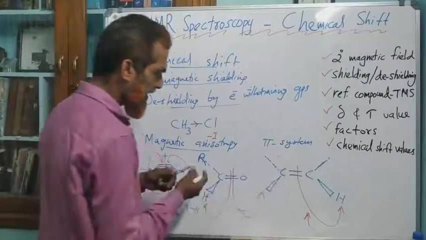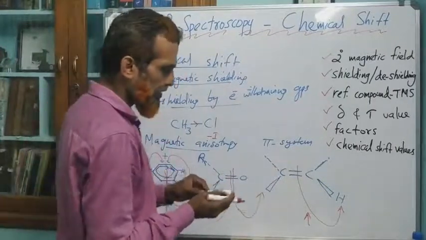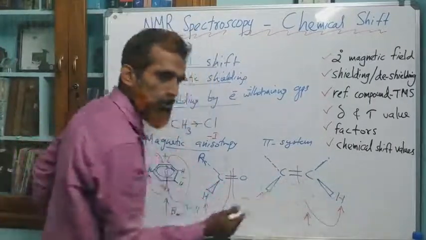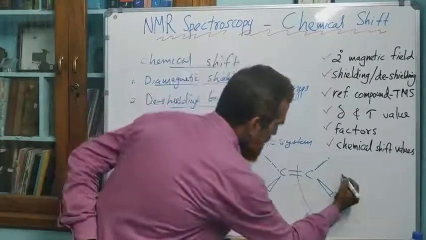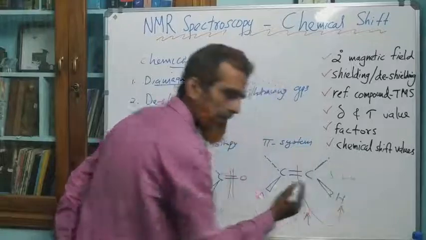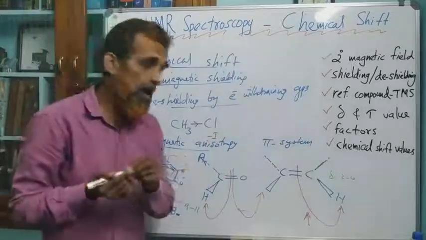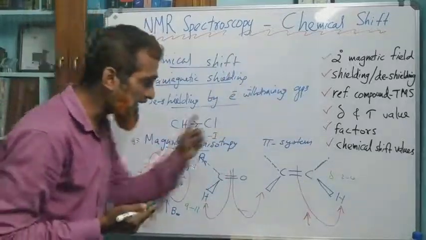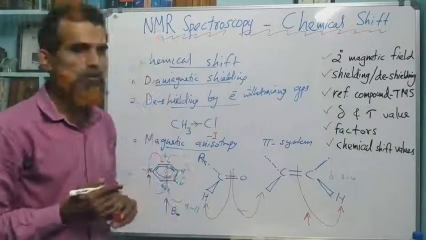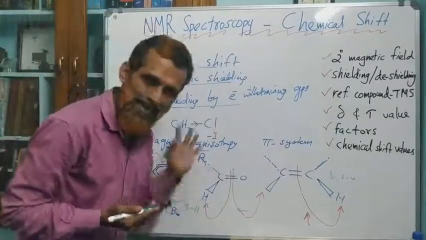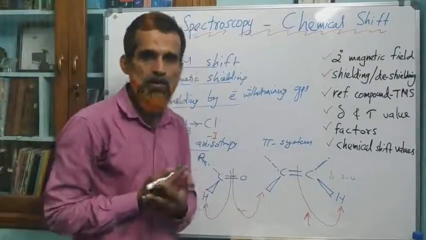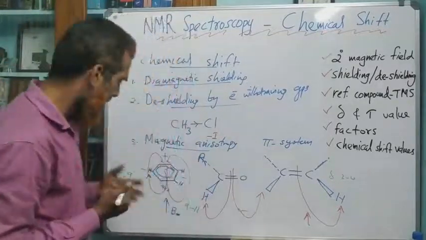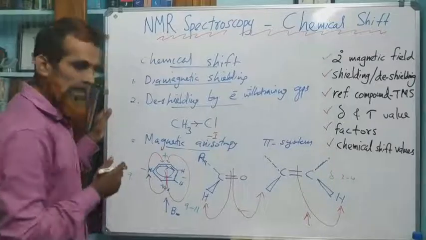So a vinylic proton also has a higher delta value. The value comes to around 4 to 6, something like that. So all these are cases of deshielding due to the pi electron ring current and the secondary field produced by the pi electron ring current, and this is magnetic anisotropy.